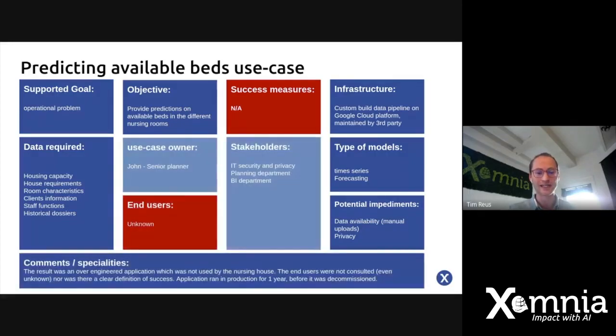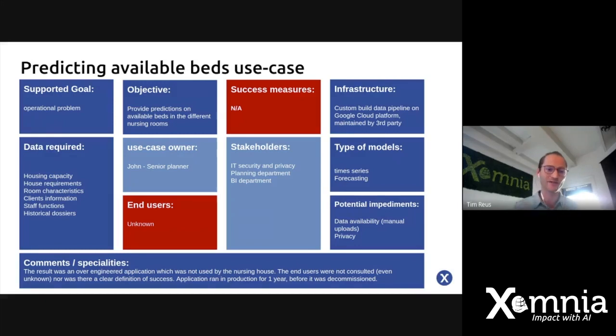And then if we look again to the core, we see that we didn't know who was going to be the end user of this solution. Even though John, the senior planner, was our owner, and in our opinion also the end user, it turned out it wasn't the case.